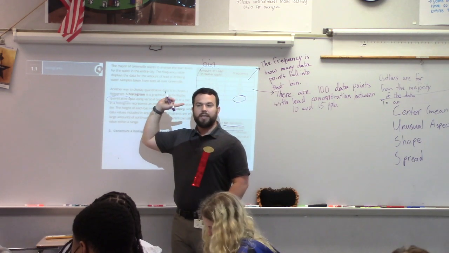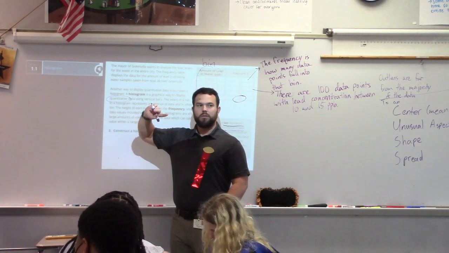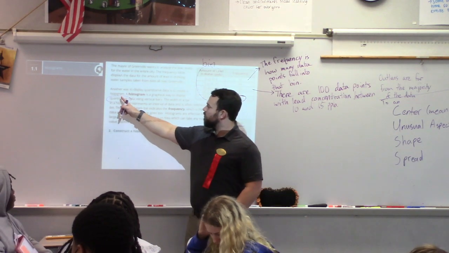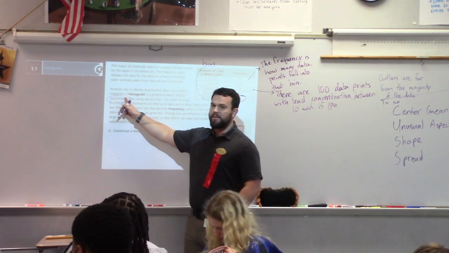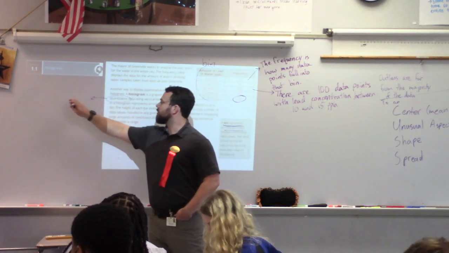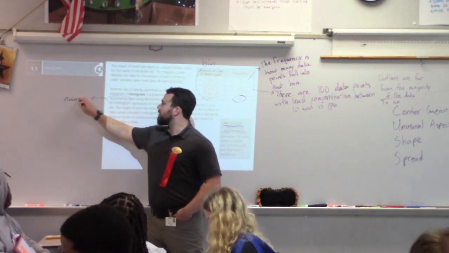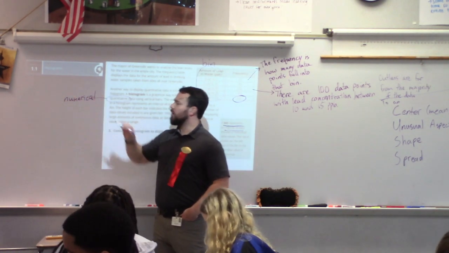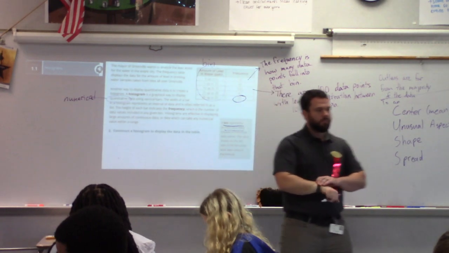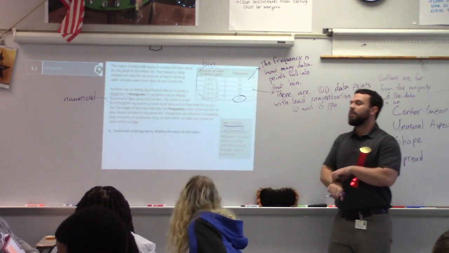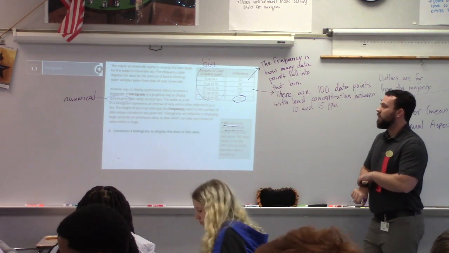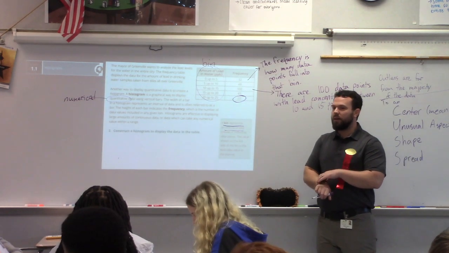Lead concentration, was it categorical or numerical? It was numerical. So another word for quantitative, that's what the book's using, that's numerical. Anytime you see quantitative, that's another word for numerical. If you didn't know that, that's a note I would make to myself.